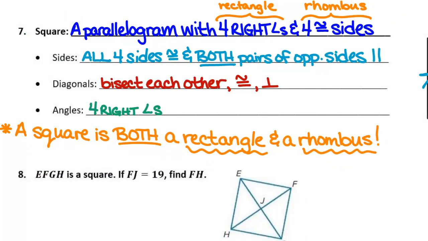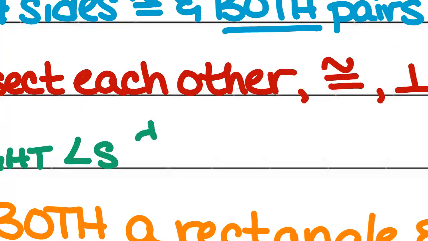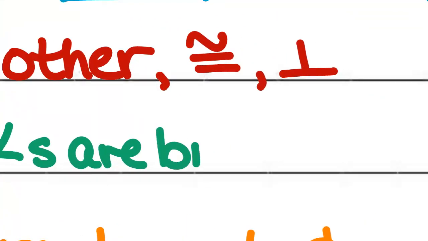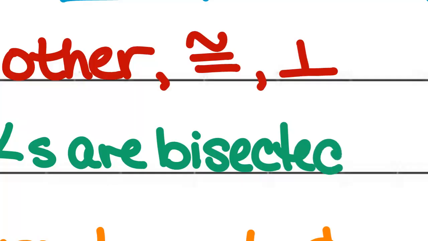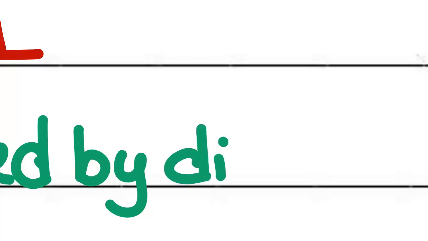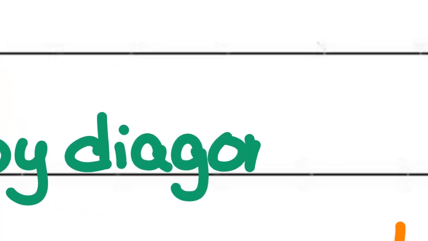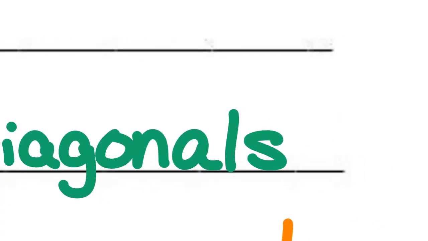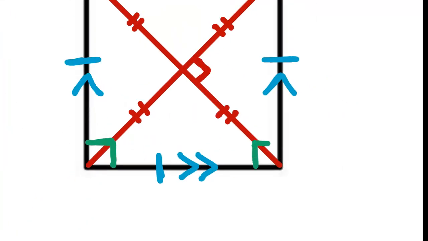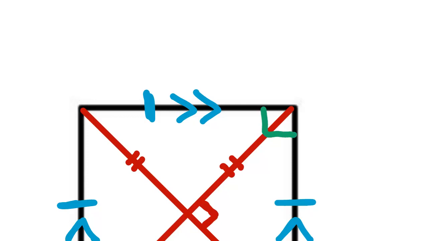A square, just like a rectangle, has 4 right angles, and the angles are bisected by the diagonals. So I'm going to draw my 4 right angles in the corners of my square. And then we said those angles are being bisected by the diagonals.